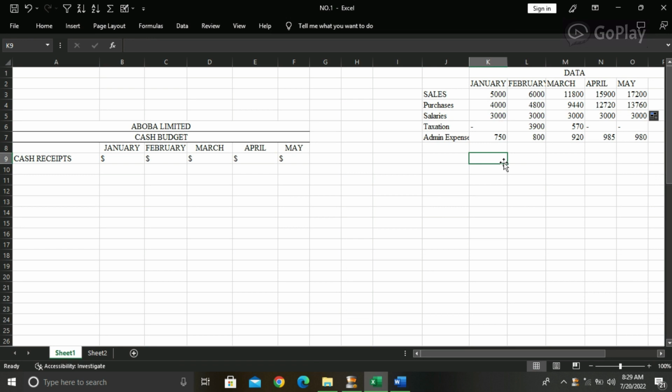So now we have the purchases. Now the next thing left is to move on to prepare our cash budget. As I've already introduced in part 1 of this tutorial, under the cash receipts, the first item that has to come in is the cash sales. So I will then write my cash sales.